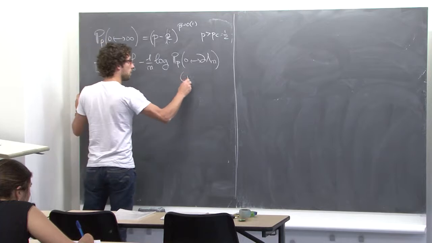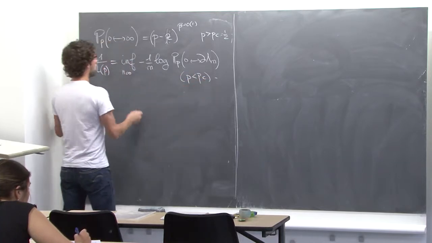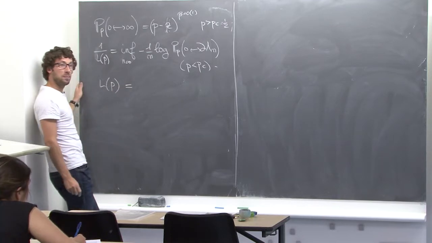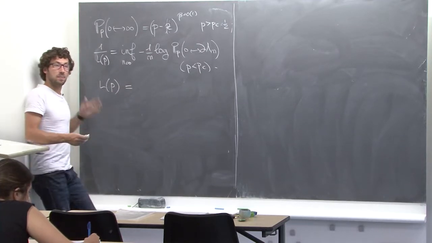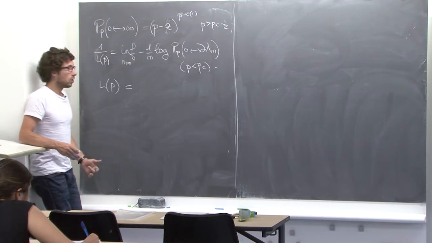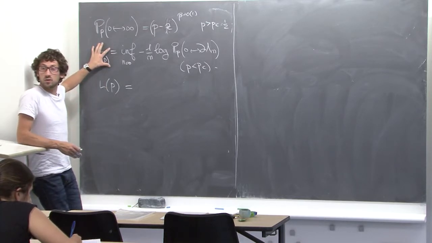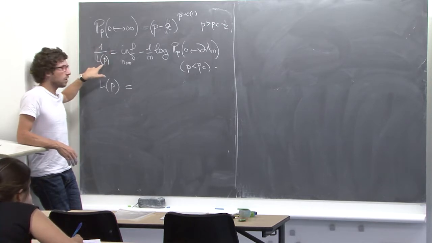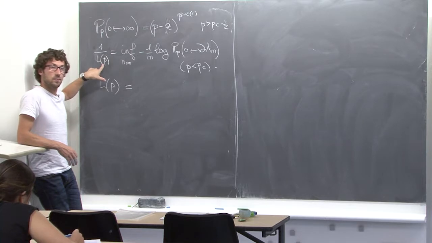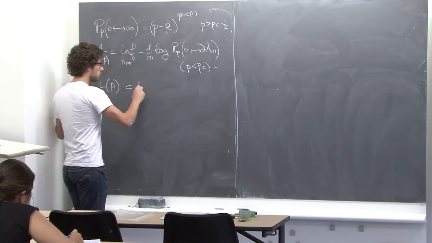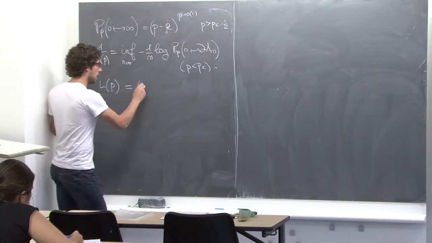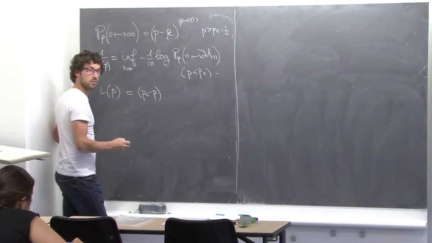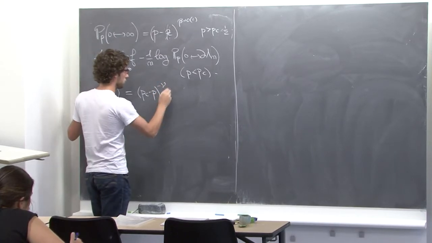This is defined for p smaller than pc. What do you predict when p tends to pc? We said at pc there is no exponential decay. That means 1 over L of p should tend to 0, which seems fairly natural. So L of p should tend to infinity. And indeed it does, and it's natural to predict that it does like (pc minus p) to some power, so let's call it minus nu.